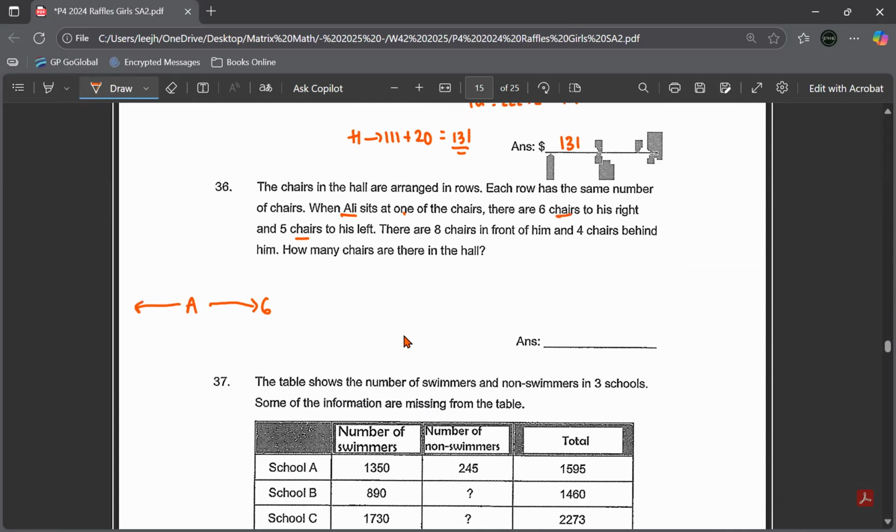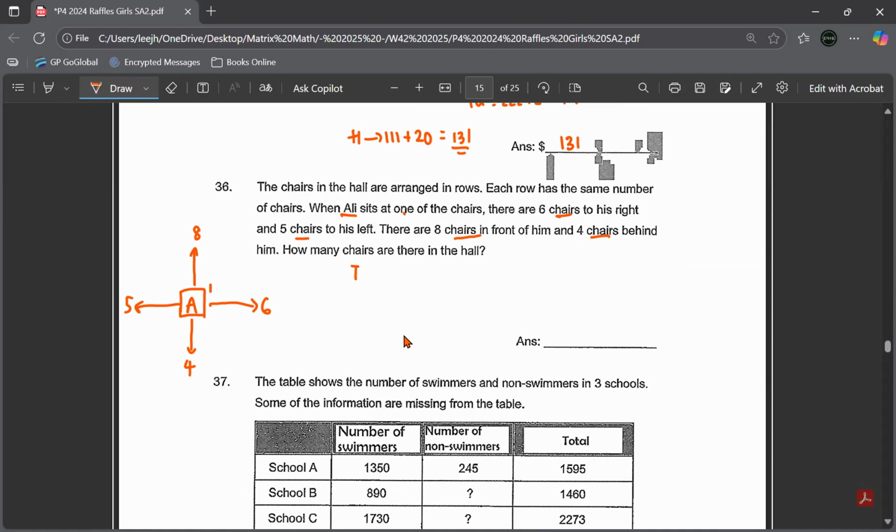So left got 5. And then it says 8 chairs in front. In front, we just do like that up. In front, got 8. And 4 chairs behind. Go backwards, 4. Remember, Ali is in the middle, in one of it. So this one is just got one chair given to him. So how many chairs are there?